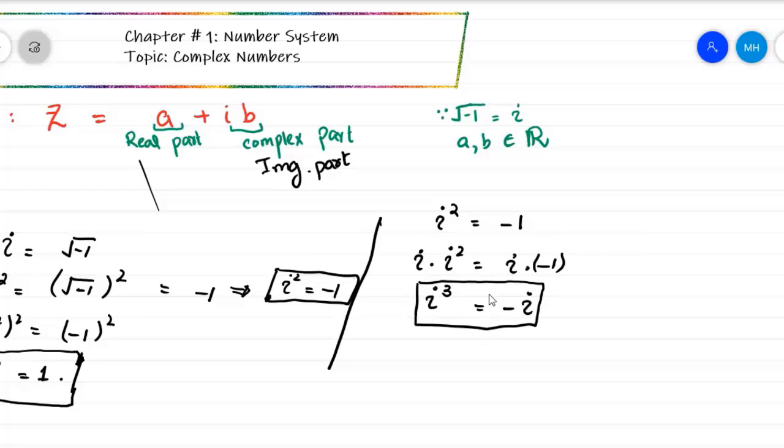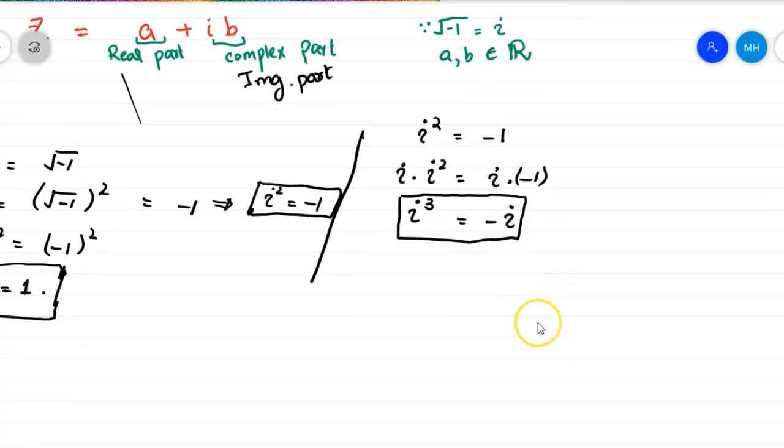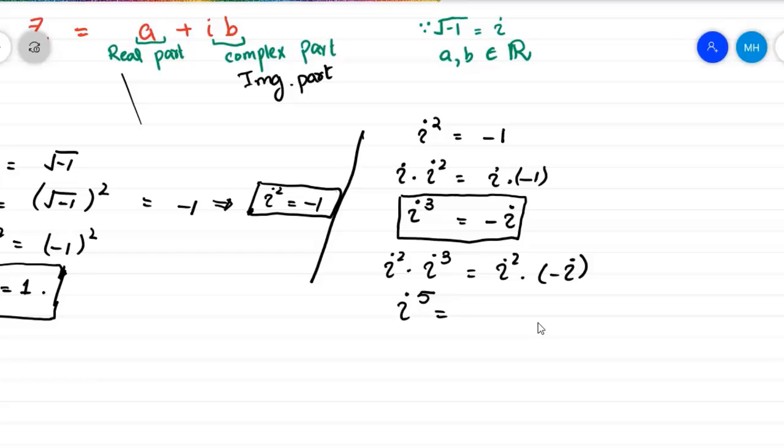Now let's take iota square multiplied with iota cube. What will happen? Here we have iota with the same base, so the powers should be added. 2 plus 3 is 5, right? Now here, minus, we are going to multiply with minus, and iota square is, you can use the previous result, iota cube is minus iota.